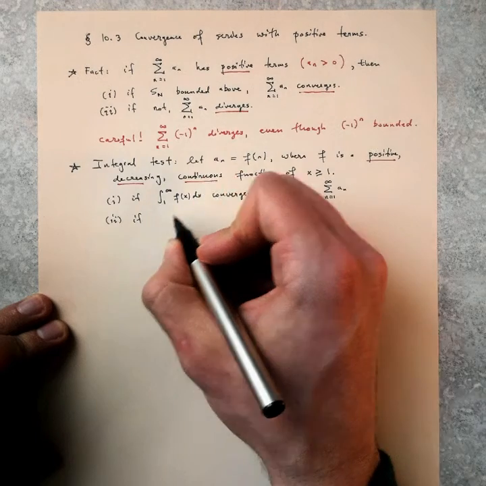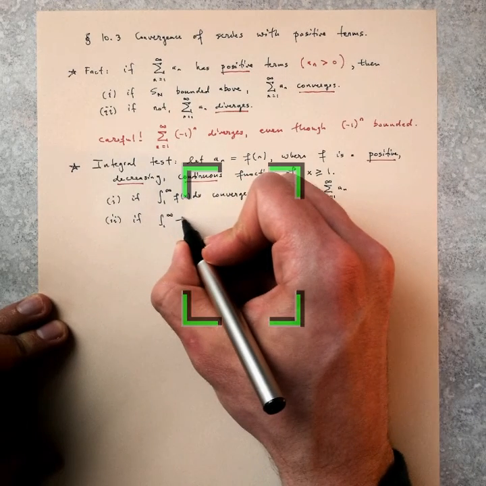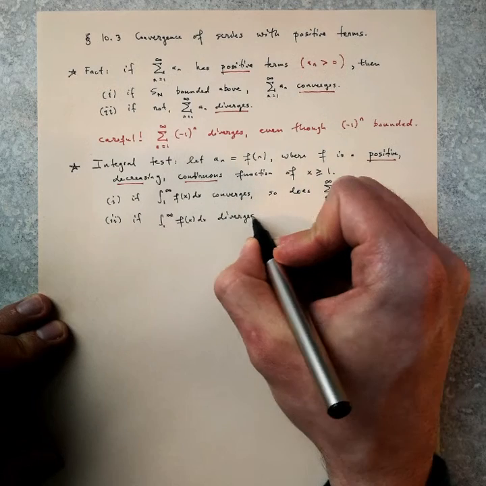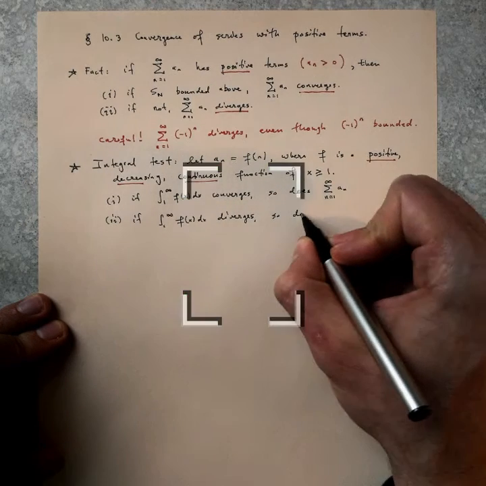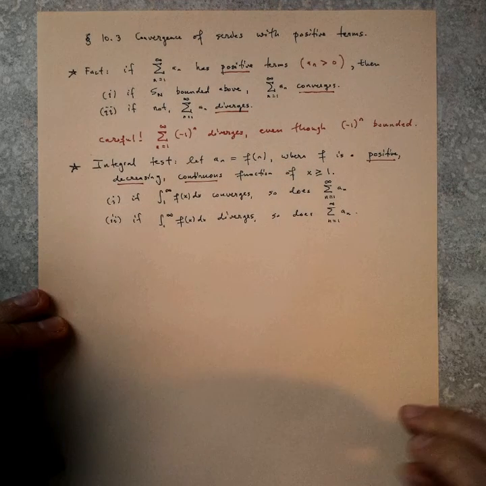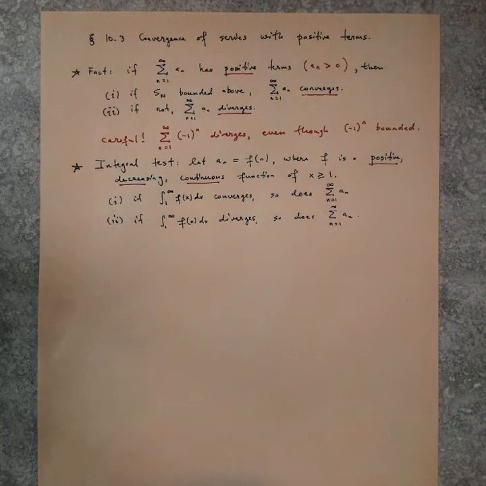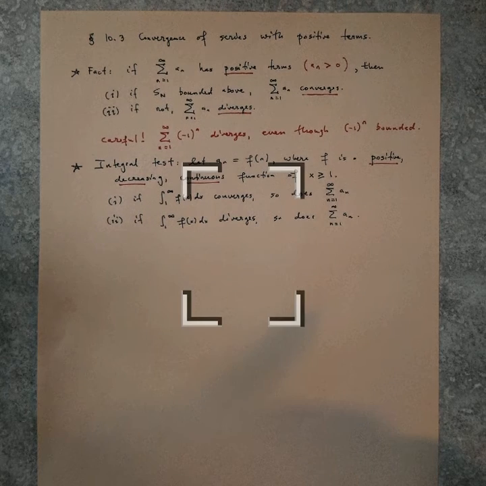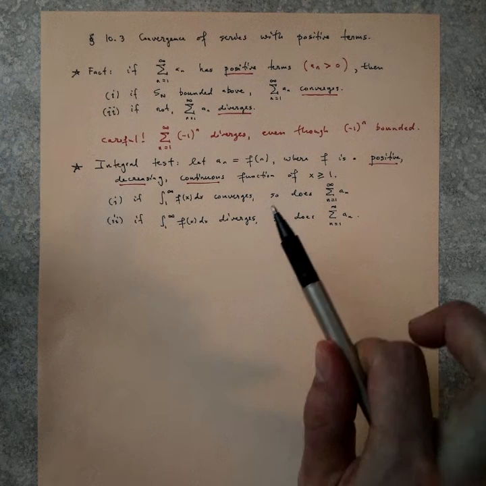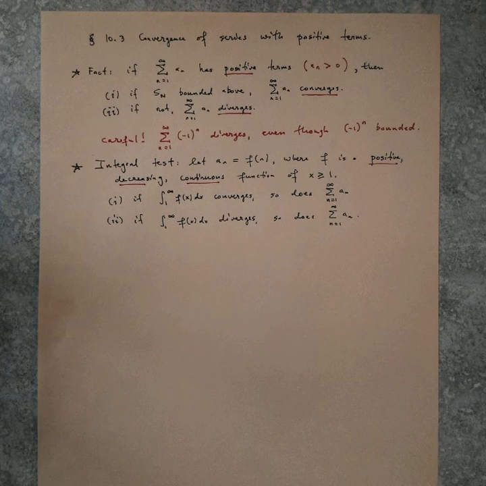And if the integral diverges, so does the sum. Okay, this is a much more useful test than the test for divergence because it tells when the sum converges or diverges.